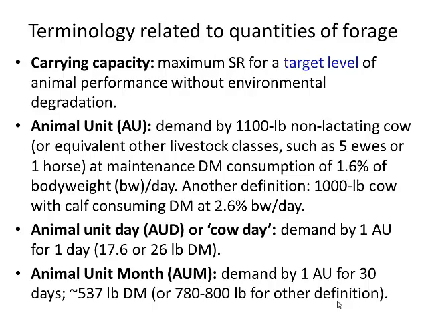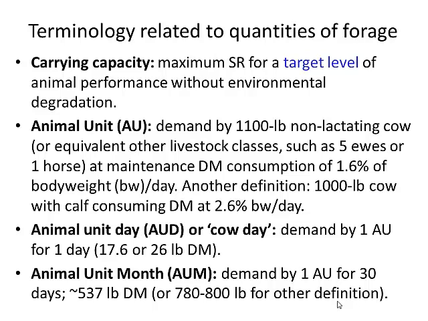Just a few references to animal unit day, animal unit month. I'm not a huge fan of these terms. They tend to be used much more in the plains states and the western states, but you come across these in web soil surveys, so we need to talk about it. An animal unit is theoretically a 1,000-pound or 1,100-pound cow, sometimes with calf, sometimes without.